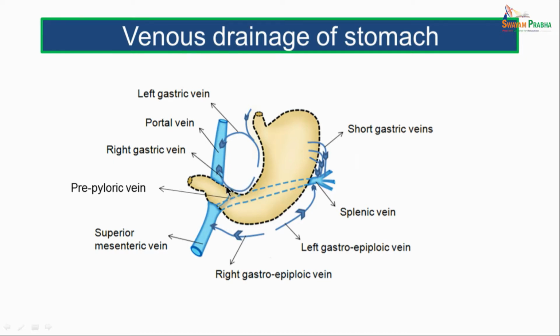The right gastric vein drains into the portal vein. Veins draining the lower part of the esophagus drain into the left gastric vein, which in turn drains into the portal vein. Thus, the entire venous drainage of the stomach will ultimately go into the portal vein.